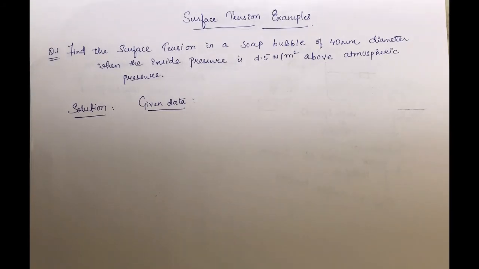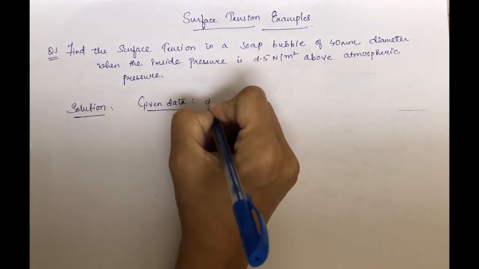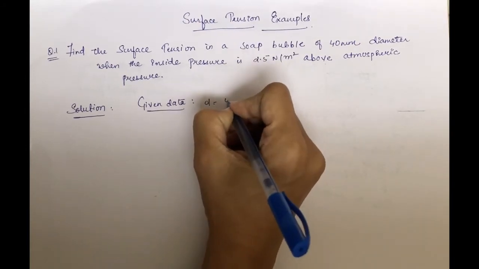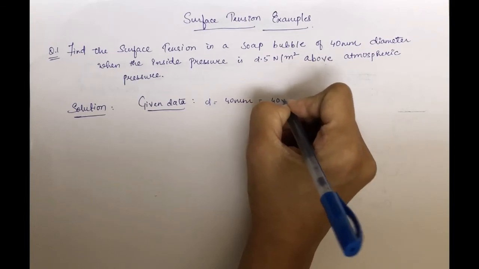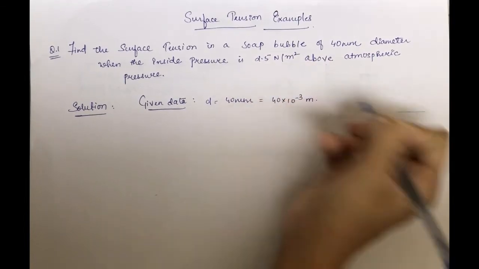In the solution, first of all we will list out the given data, as I have said earlier. You must have a habit of listing out all the given data of your question, as it will make your calculation much easier. We are given the diameter of the bubble, which is 40 mm; we will convert it into meters, so 40 into 10 raised to minus 3 meter.